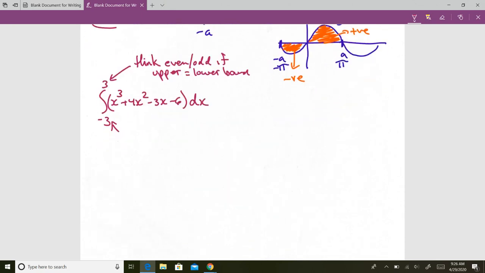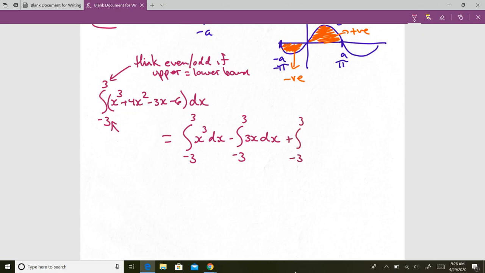Because we know that we can break this into separate integrals. So I can break this into the odds added together. So it'd be the integral from -3 to 3 of x cubed minus 3x dx, plus the integral from -3 to 3 of 4x squared dx, minus the integral of 6 dx from -3 to 3.